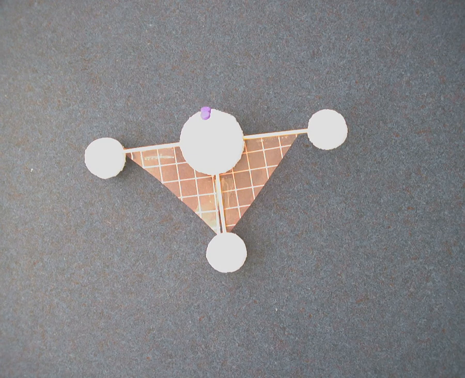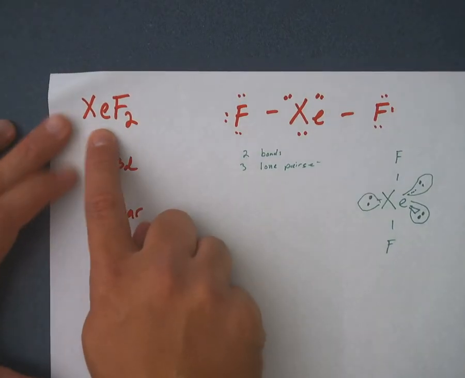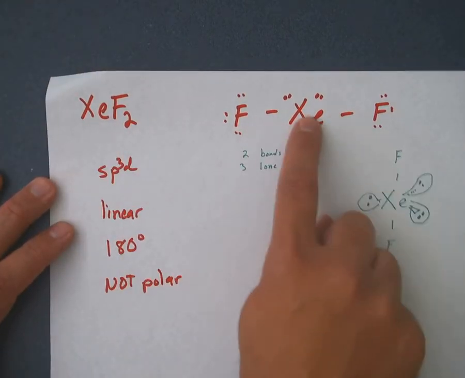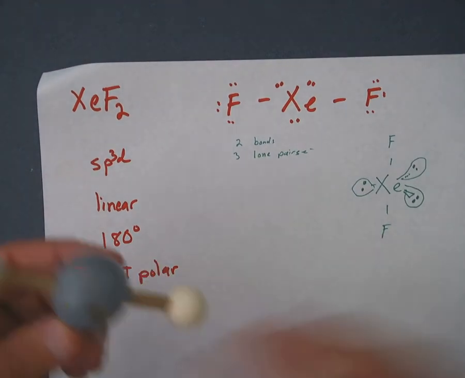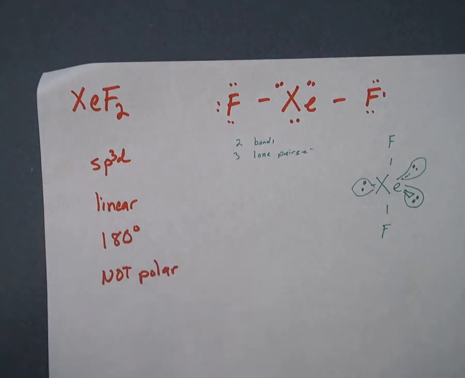One more to go in this video, and that is, what if you have 2 bonds and 3 lone pairs? XeF2 would make that if we made the Lewis structure. We'd have 2 bonds and 3 lone pairs. And this one here, again, remember we built it off of the original molecule here that had, I lost a hydrogen.